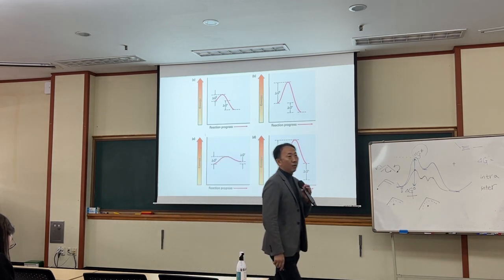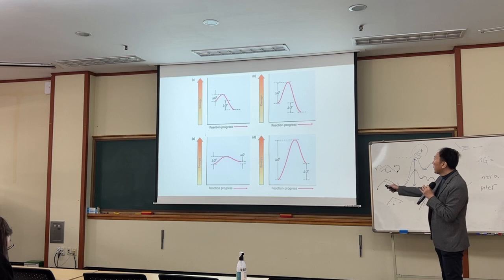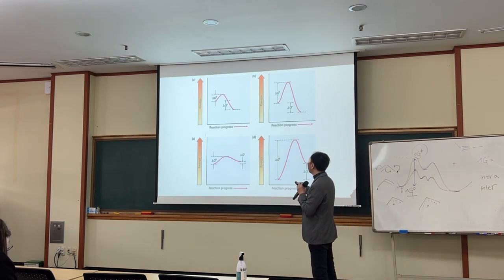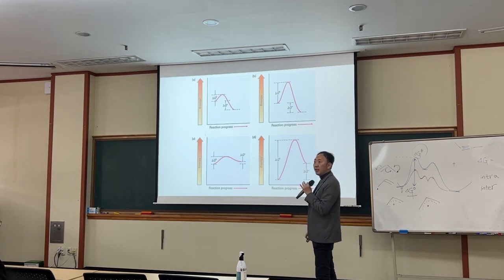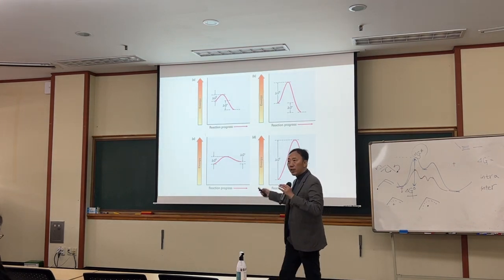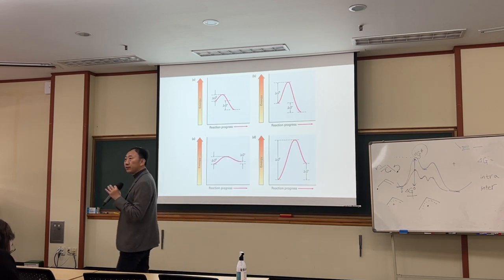By looking at the energy diagram, if the activation barrier is lower, now we can see G0 and G double dagger. Double dagger means this is the activation energy. G0 compares the ground state energies. This is the exothermic fast reaction. Endothermic fast reaction.